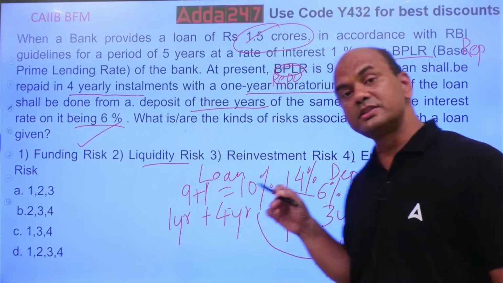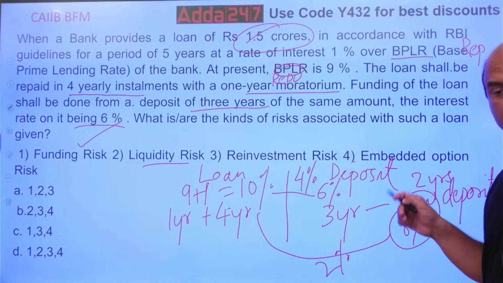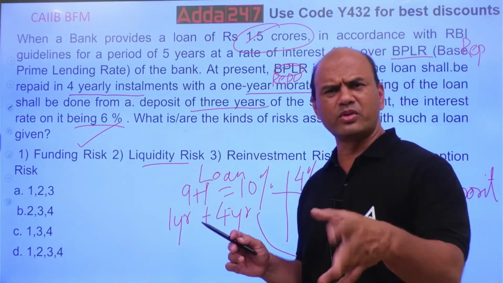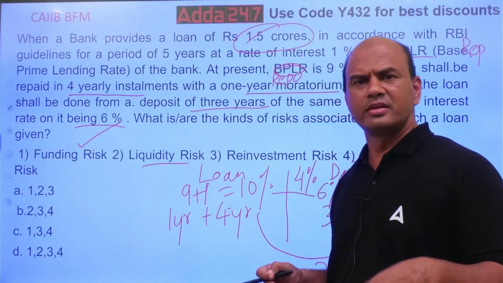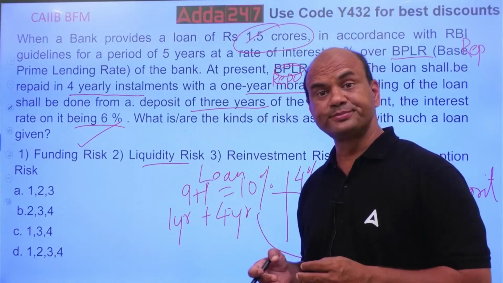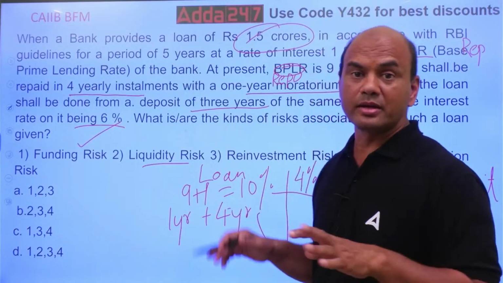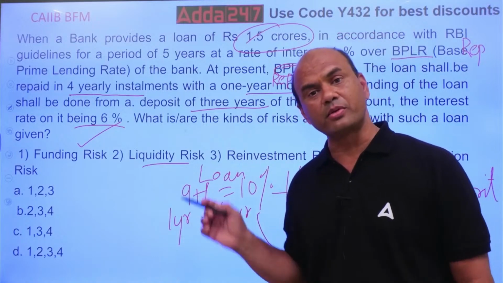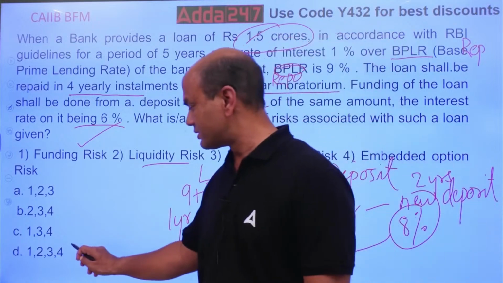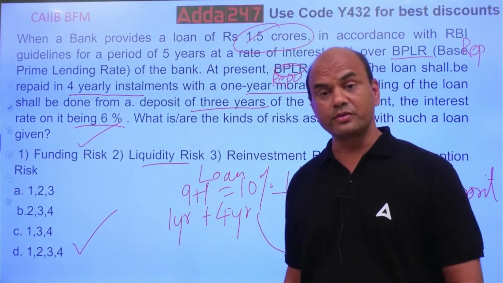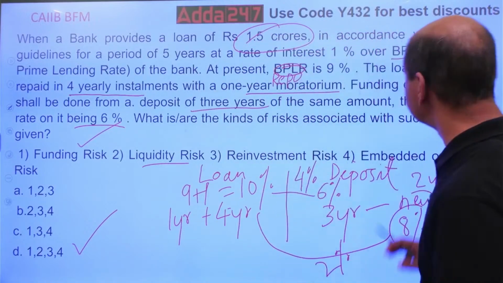Or this depositor can come tomorrow morning and say, give me back my money, I don't want your FD. Take this FD and give me back. Embedded option risk. Anytime anyone can come. This embedded option risk is always there in any banking product. So the answer is 1, 2, 3 and 4. All of the 4 risks the bank will be facing.